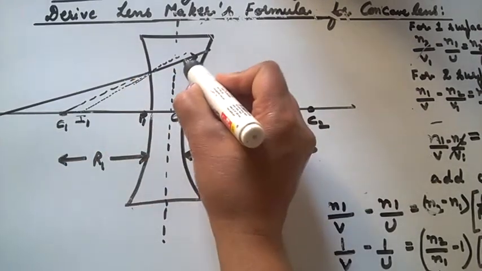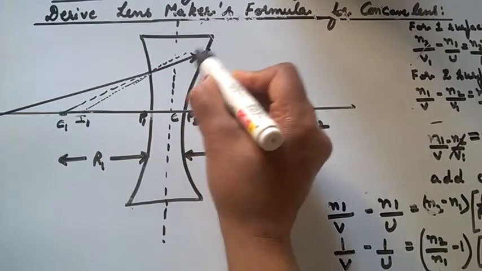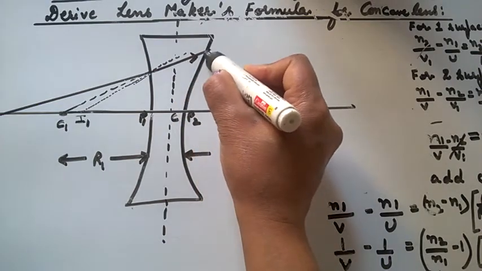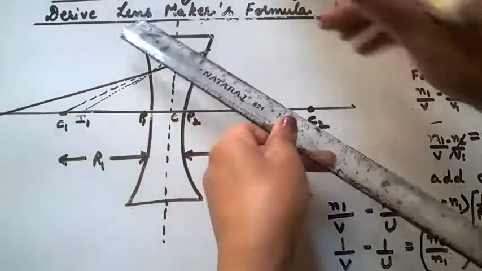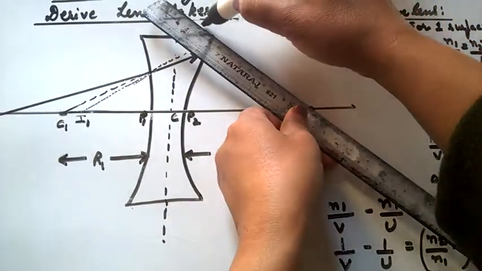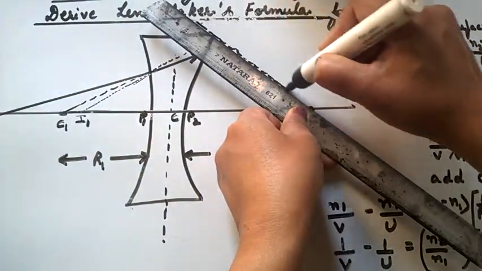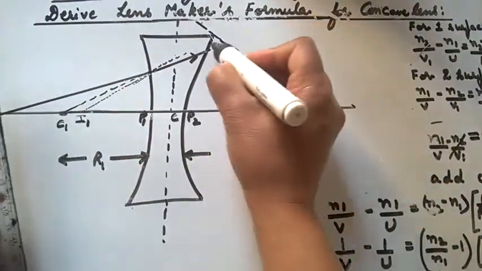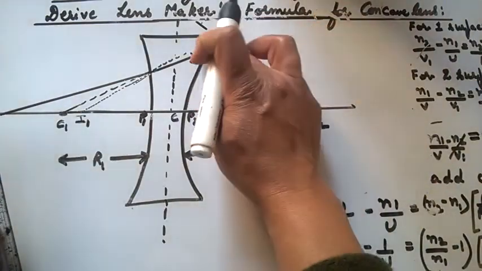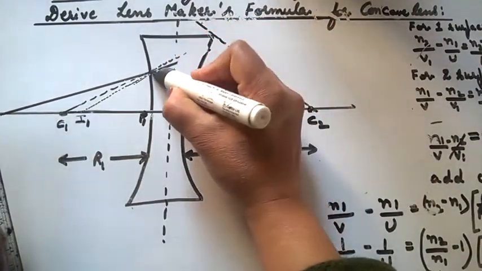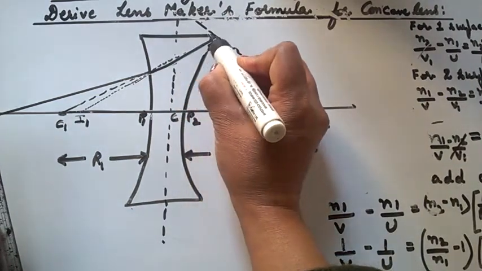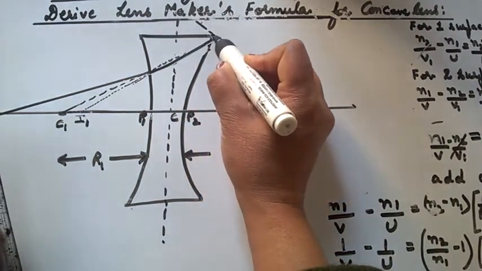And now this refracted ray will become the object for the second surface, and the normal is this C2. When it is incident on this, it will bend away from the normal.